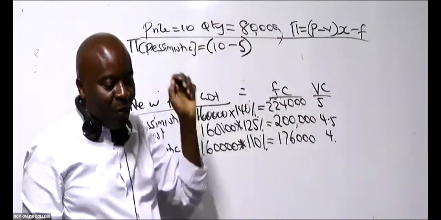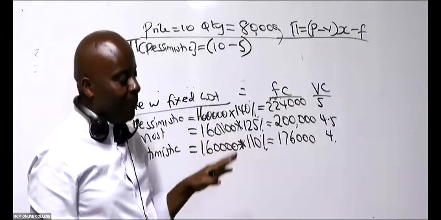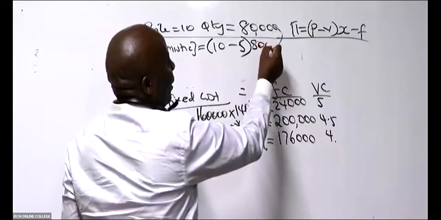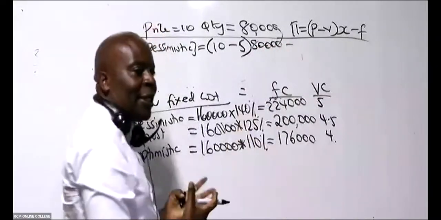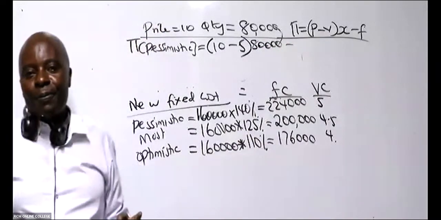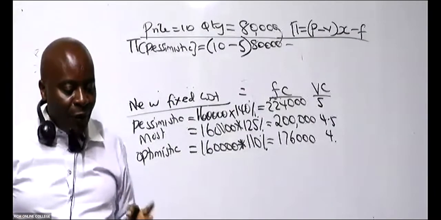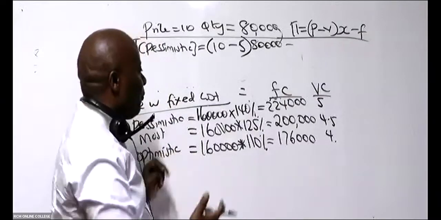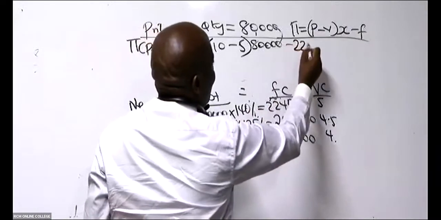So the quantity will be how many units throughout? If we charge a price of 10, the quantity will remain at 80,000. Do we know the pessimistic fixed cost? Anybody who is able to see the pessimistic fixed cost? The online guys are not seeing it. Pessimistic fixed cost is 224,000.